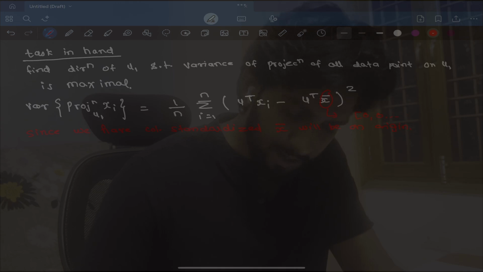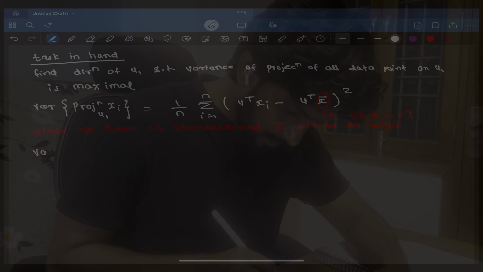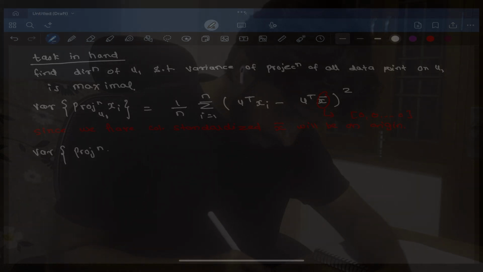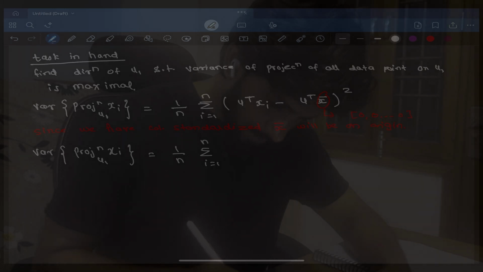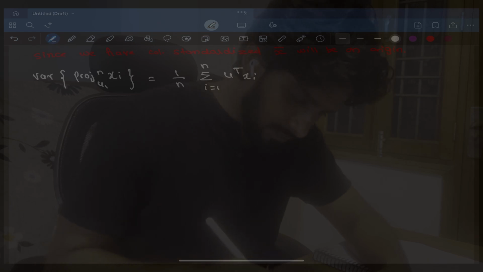If we have n vectors, this will be n times 0. The variance of the projection of xi on u1 can be written as 1 upon n, sum over i equals 1 to n of u transpose of xi, squared. Now this is what we have to maximize.